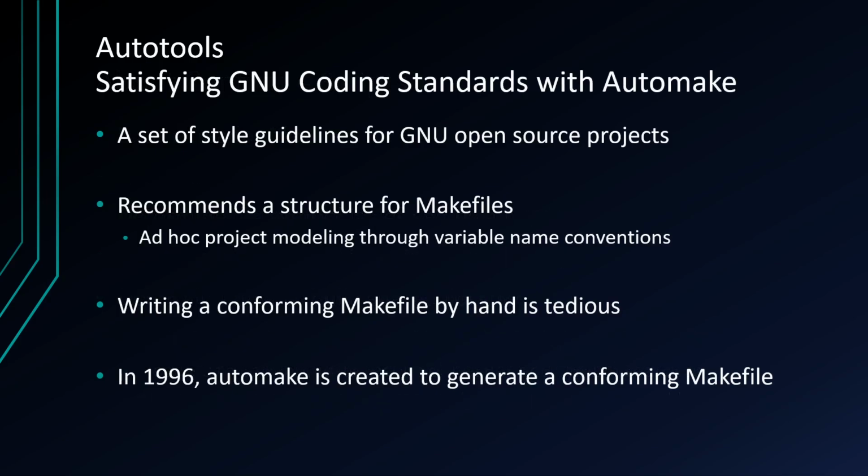And as more and more open source projects get created from a variety of authors, the Free Software Foundation, the people behind the GNU project, they create a coding standards guideline. And it's more than just a set of guidelines for your makefiles, although that's part of it.